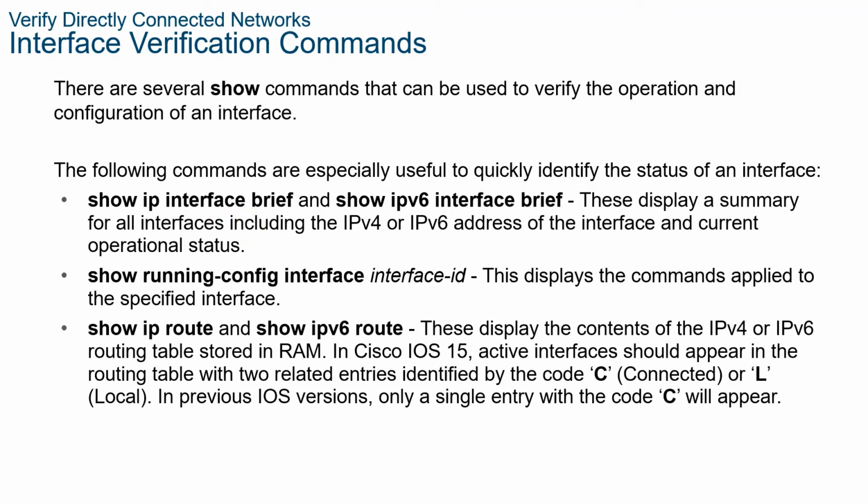Another command that you can use is show running-config interface and then the interface number. This displays the commands applied to the specific interface. Or you could go directly to the routing table, show ip route for IPv4 and show ipv6 route for IPv6. Here, what you can see are the directly connected networks denoted by C or L, denoting the IP address configured on the local interface.